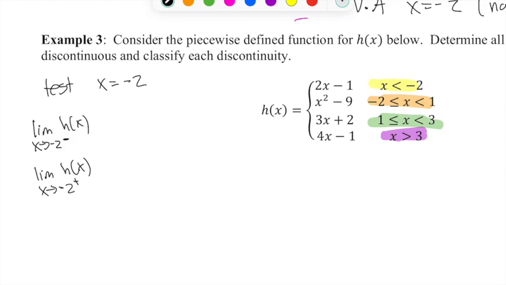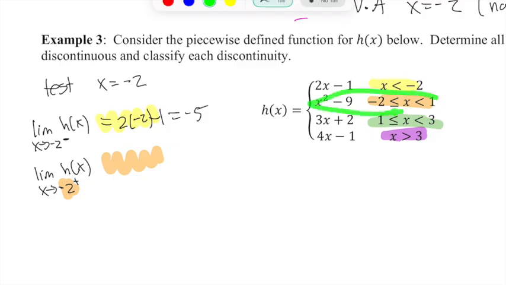All right, so let's start with the left-hand limit. So again, we're going to test to the left of -2, which is this function. And so we're going to plug -2 into 2 times 2x minus 1, and that's going to give us -5. Okay, so now we need to test the right-hand limit, which we're going to do in orange, and we're going to have to use this x squared minus 9 equation.